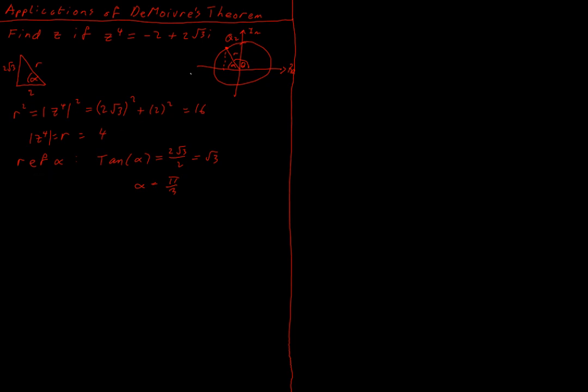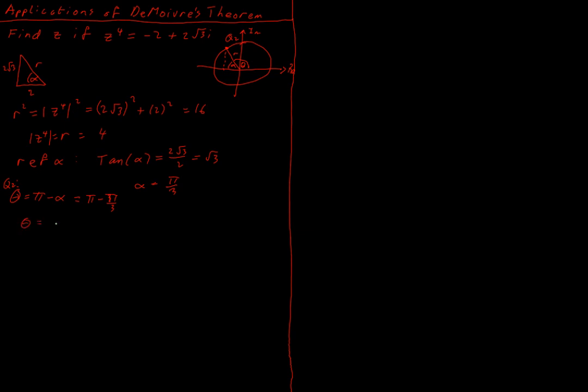Now, how am I going to use that to find theta? Well, I know that if I look at my picture, if I rotate around through pi radians, I have gone back by alpha. So I'm back pi over 3, so theta, because I'm in the second quadrant, my argument, is equal to pi minus alpha, which is pi minus pi over 3.